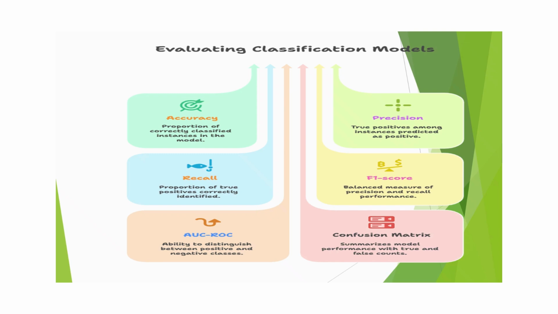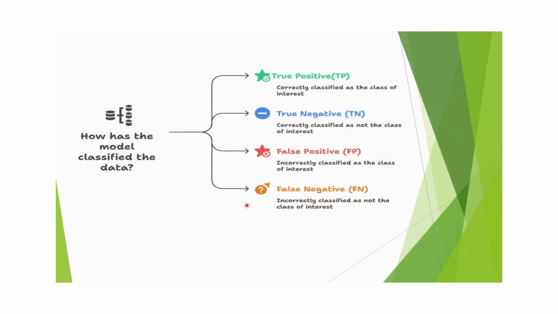So first of all, we'll discuss evaluation of classification models. The metrics for evaluation are accuracy, recall, AUC/ROC, precision, F1 score, and confusion matrix. How has the model classified the data?